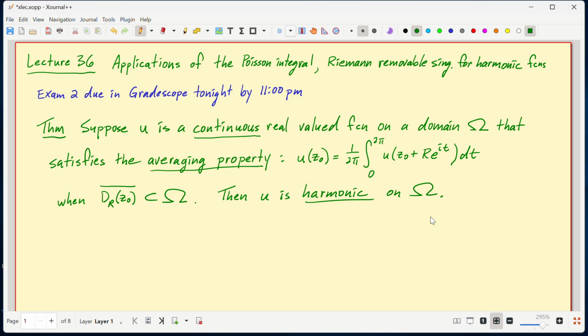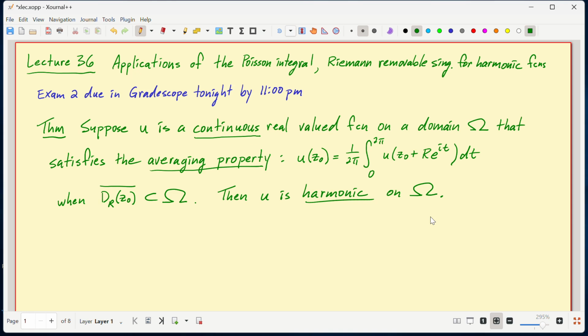So naturally, you believe temperatures could satisfy the averaging property. Of course, to prove the averaging property, we know that the temperature is harmonic, and you use the famous Green's formulas to get the averaging property. But it's an if and only if fact, which is pretty interesting.